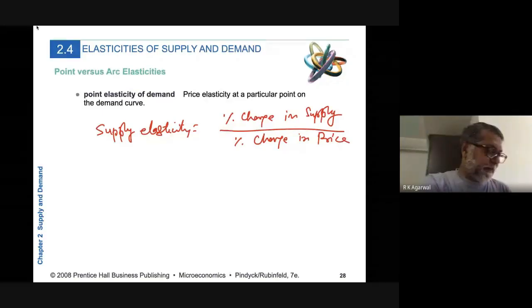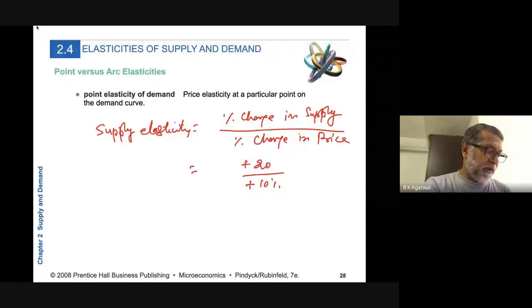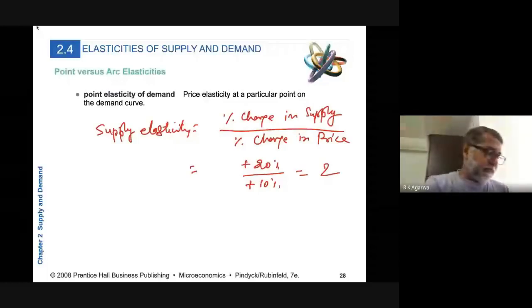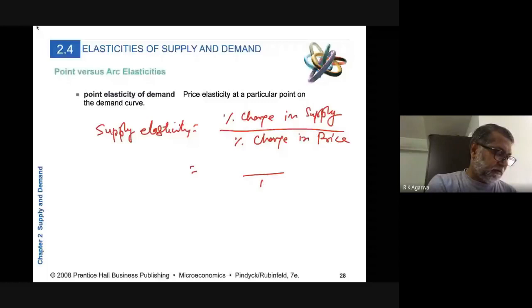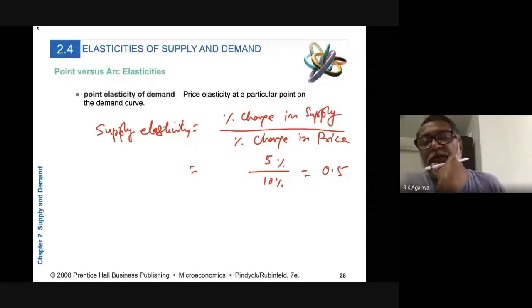So if price goes up by 10%, and if supply goes up by 20%, it means that the supply elasticity is equal to 2. If price goes up by 10% and supply goes up by 5%, then it means that supply elasticity is 0.5.